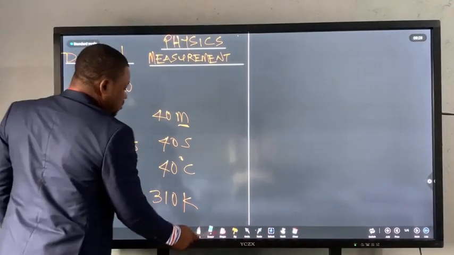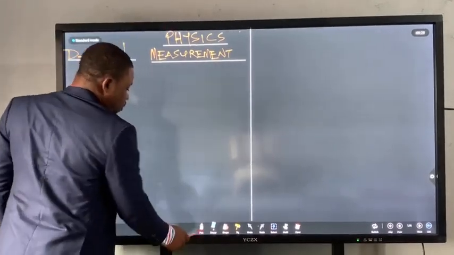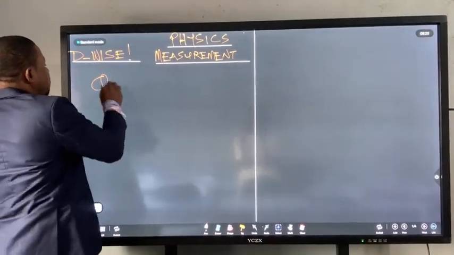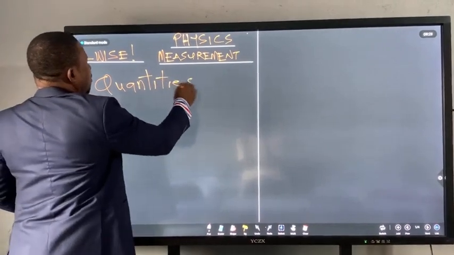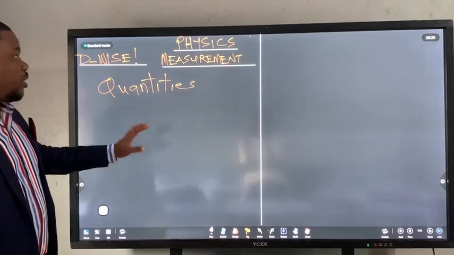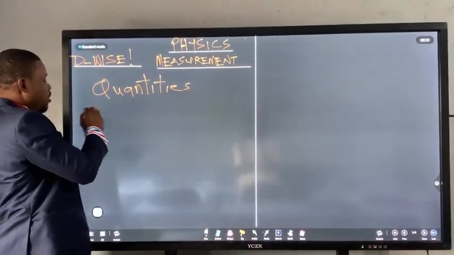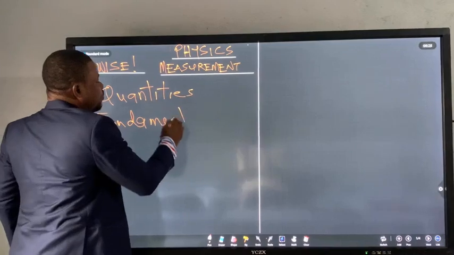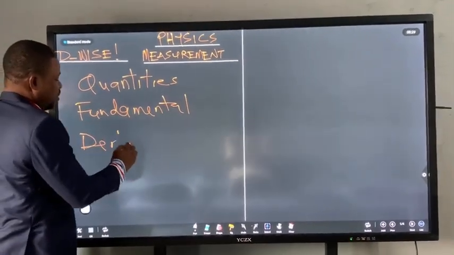So, in physics generally, we have different classifications for quantities, for measurements as it were. What I mean is, for example, I'll be dealing with fundamental quantities and derived quantities.